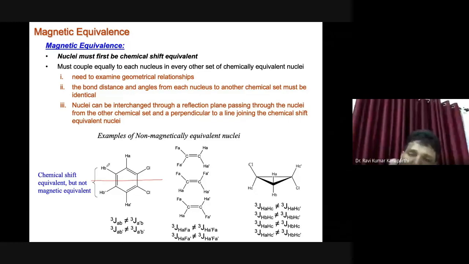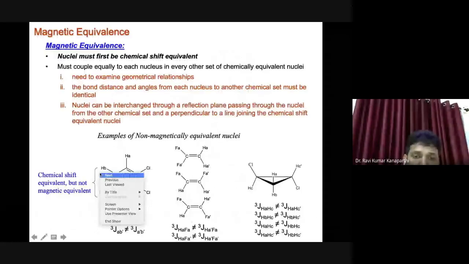So they are chemical shift equivalent, no doubt at all. Now, if these two protons interact with HA in the same fashion, then we say these are also magnetically equivalent. Otherwise, we don't say.